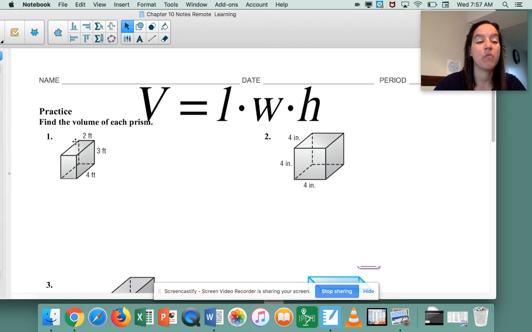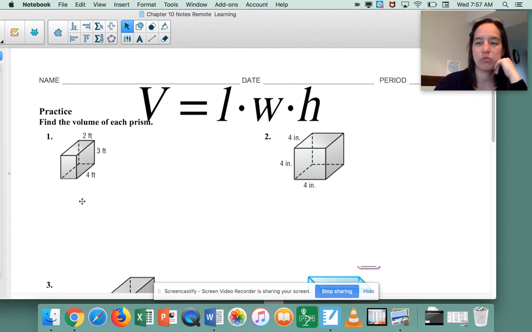So for number 1, length, width, height, I did 4, 2, and 3. Again, it doesn't matter which one you choose to be length, which one you choose to be width, and which one you choose to be height. The reason is that if I were to turn the rectangular prism on its side, my dimensions are still all the same, and the shape is still a rectangular prism.